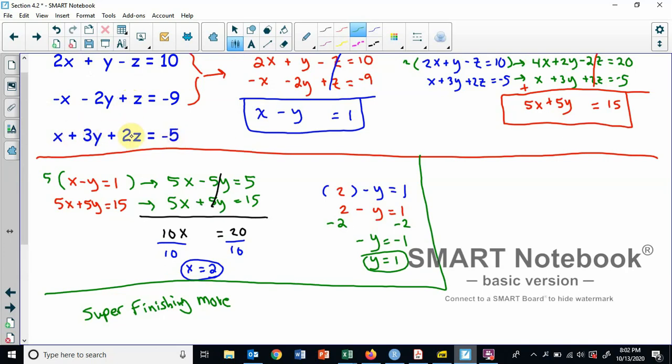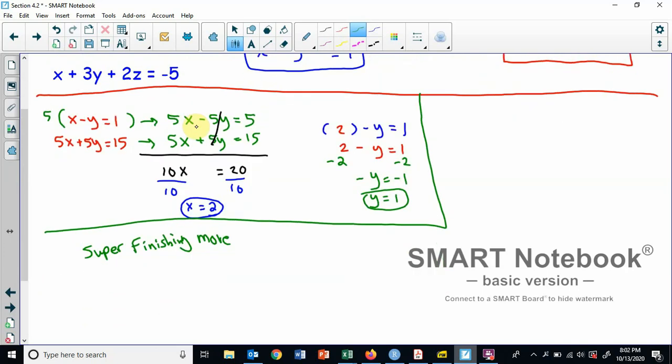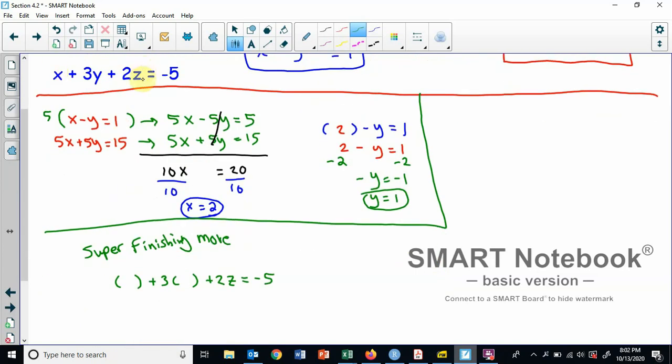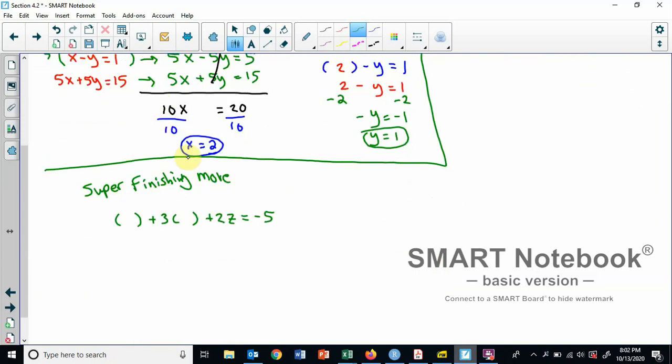X plus 3y plus 2z equals negative 5. And I'm going to leave a blank for the x because I know that variable. A blank for the y because I know that variable. And copy everything else down exactly like I see it. So I can use any of these three. I'm going to use that one because it looks the easiest to solve for z.